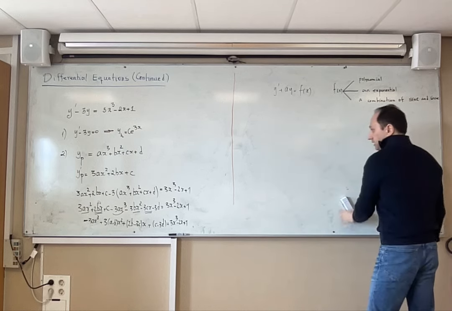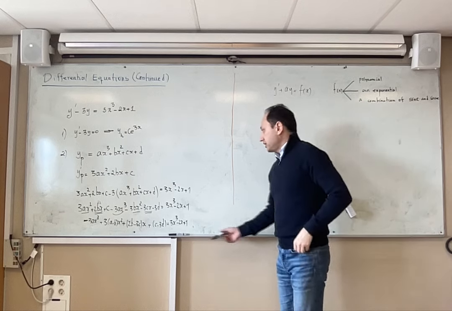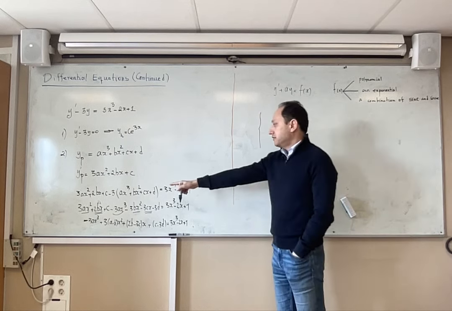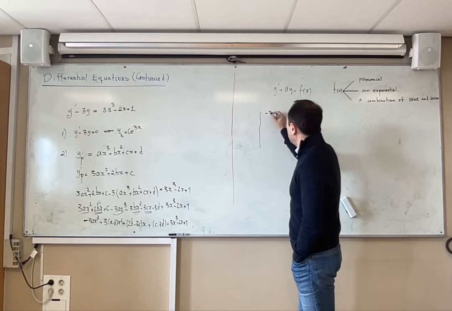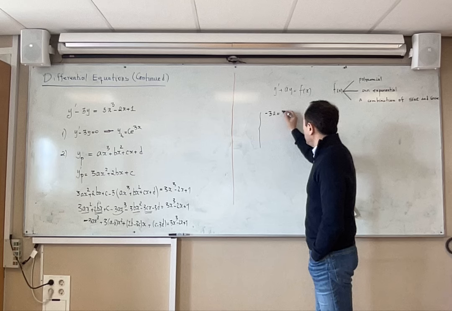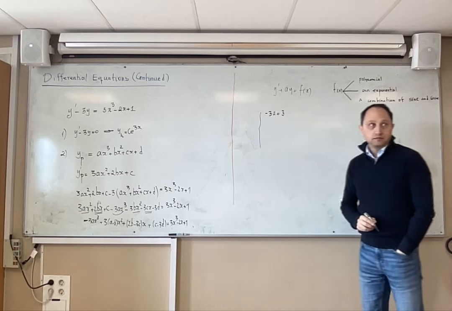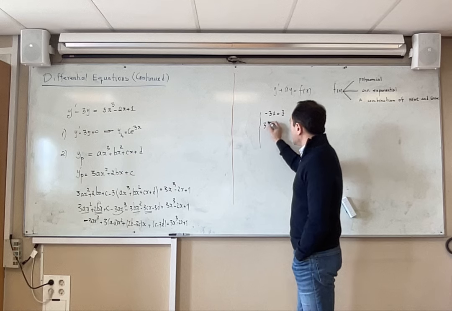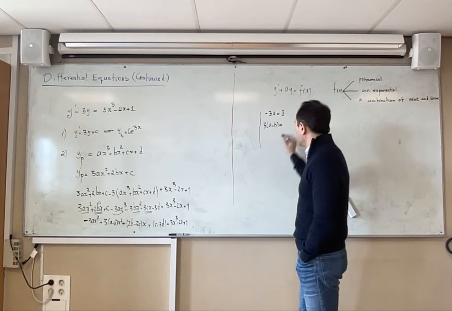Okay, and then what should I do? I would set up a system. The coefficient of x cubed is minus 3a on the left. The coefficient is 3 here. The coefficient of x squared on the left is 3 times a minus b. The coefficient of x squared on the right is 0.